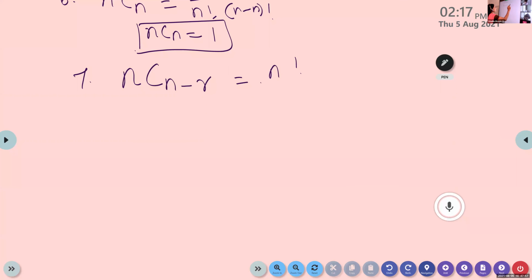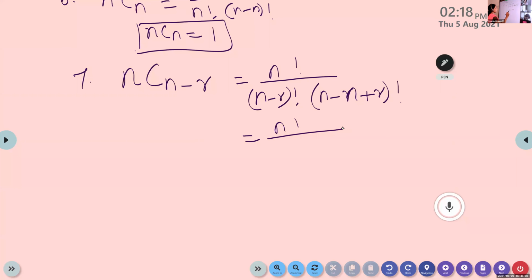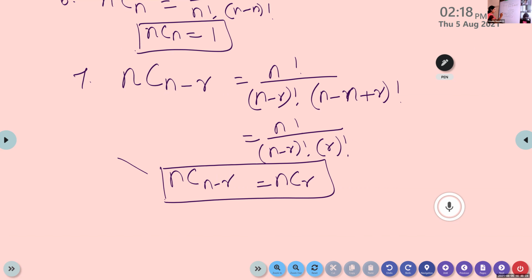By definition, it is n factorial by r factorial into n minus r factorial. So it is same as, look at here, minus of minus will become plus, n factorial by n minus r factorial into r factorial. That is same as NCr, isn't it? So NC n minus r is equal to NCr.